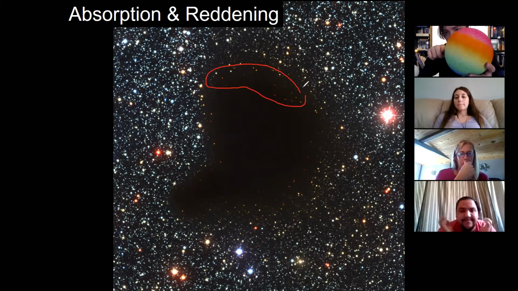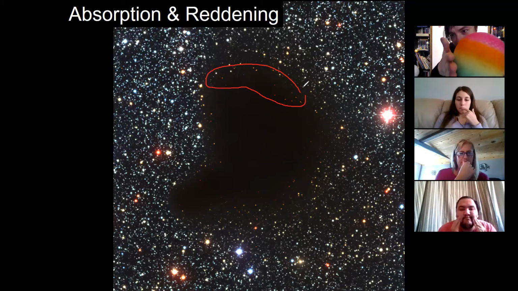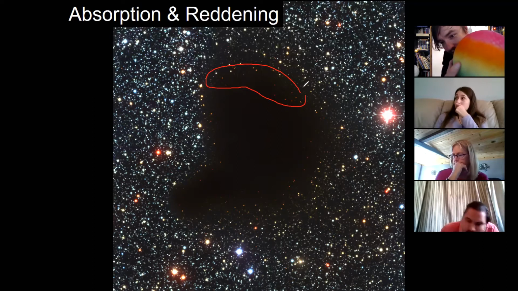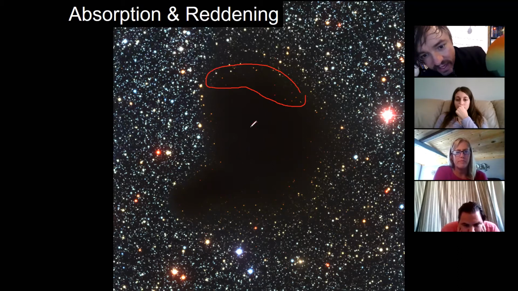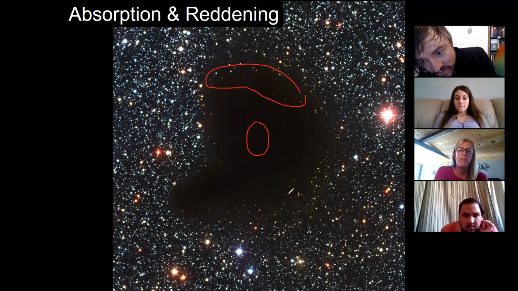But if you slice through the edge of the cloud, you're just skimming the edge, and you're not going through as big a column density of gas. So there, some of the red photons can actually wiggle their way through. Here, the dust is so thick that all the wavelengths get blocked, but it's thinner along the edge of the cloud, allowing some red wavelengths to pass through. So this is the reddening.